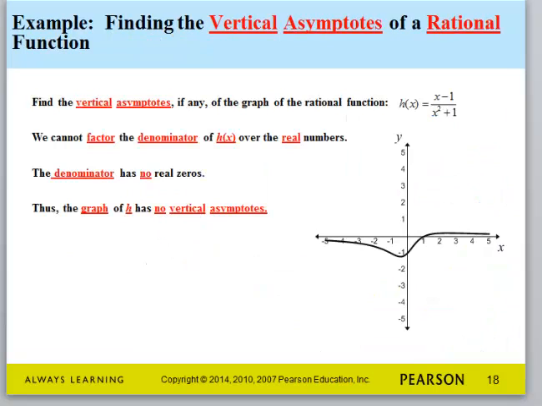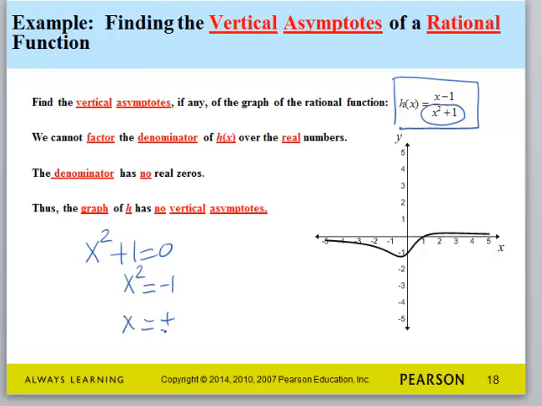Take a look at the next function. If you are looking for vertical asymptotes for the next function, which I have right here, you will notice that if you were to take the denominator and set it equal to 0 and solve for x, then you'll get that x is plus or minus i.